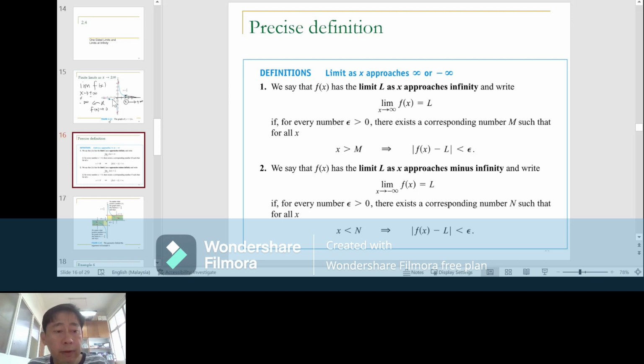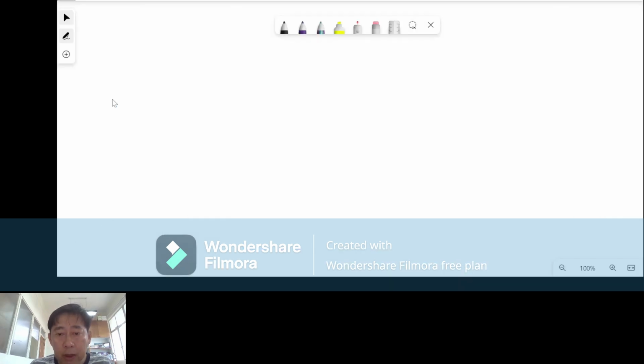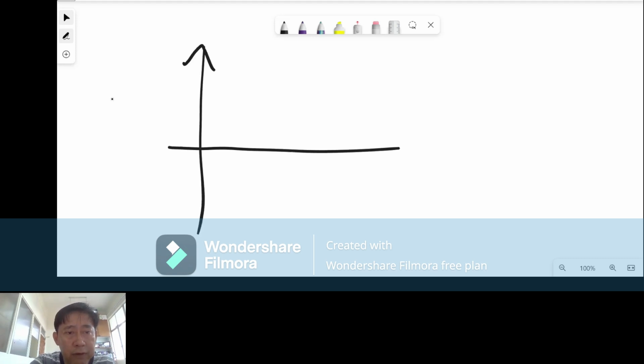listed on the screen. So to understand the precise definition as x approaches positive infinity for a function, you could understand this definition better if you understand how the definition of a limit at an internal point is defined. So let me just make another quick revision for functions that have an internal point, right?